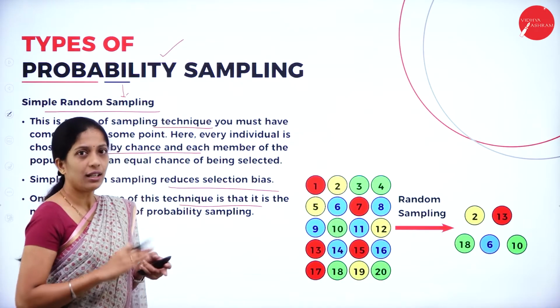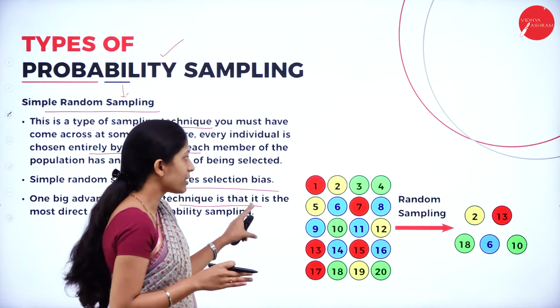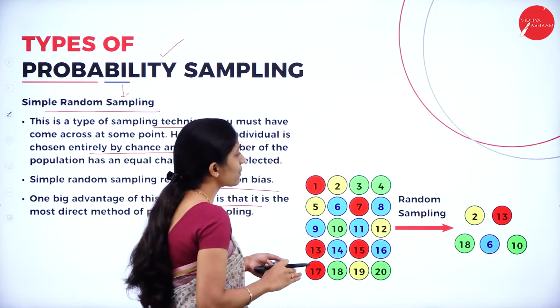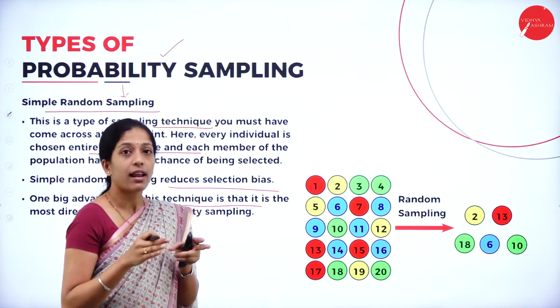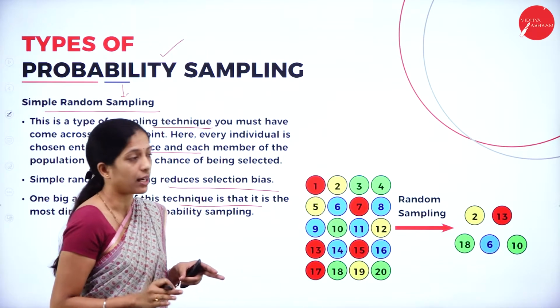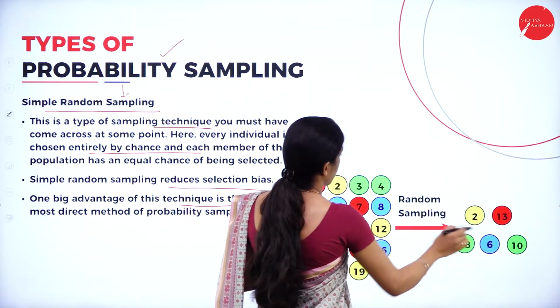Now, if you see the sample here, there are 20 members, that is 20 individuals, and I have numbered them from 1 to 20. Now, what do you mean by random sampling? Randomly I can take a few of the individuals. All the individuals have an equal chance to be selected. So randomly I am going to take 2, 13, 18, 6 and 10.